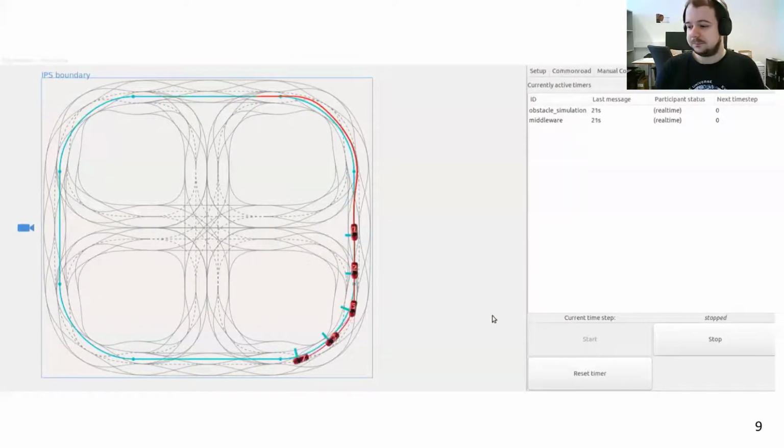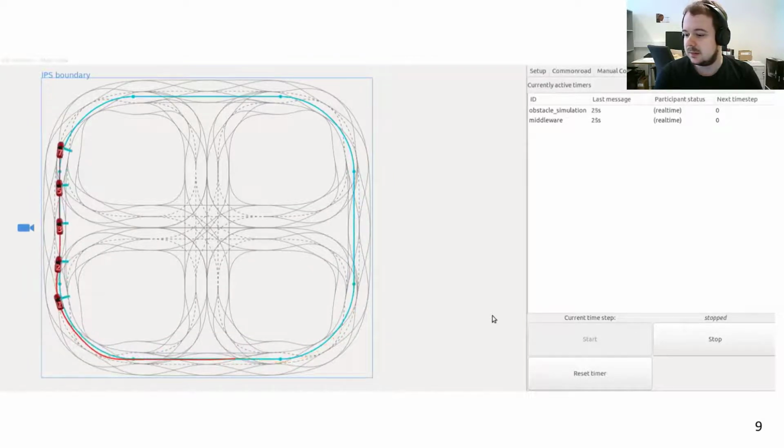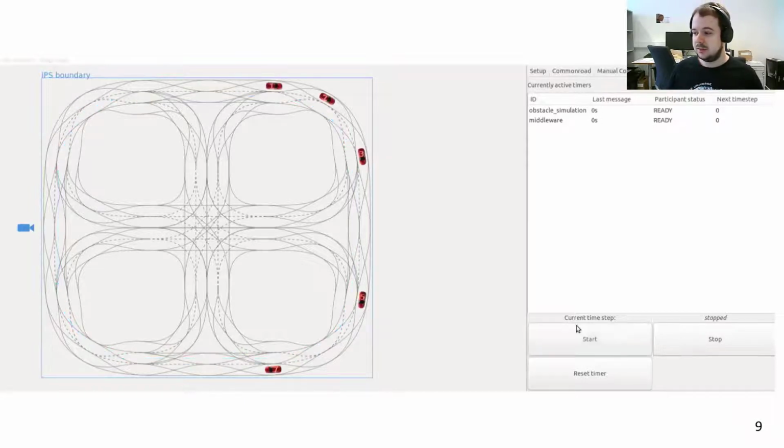Then they start slowing down and eventually they should stop at the bottom. And once again, we have this unwanted behavior when they actually start reversing. It only happens in the simulation for some strange reason.